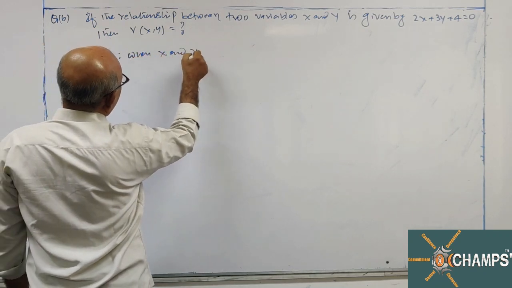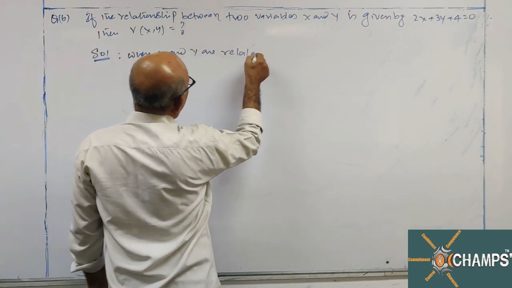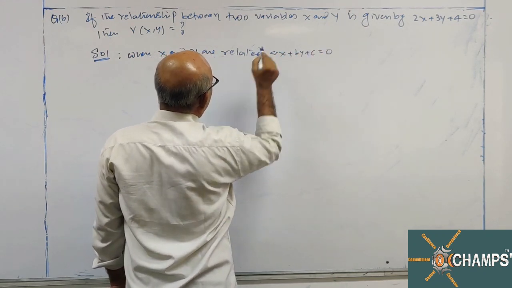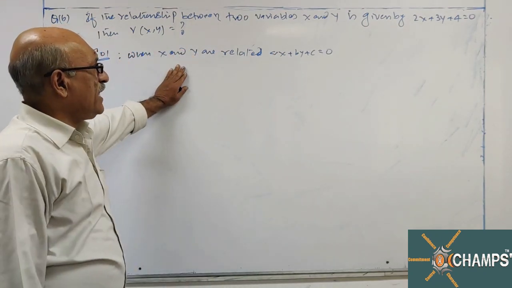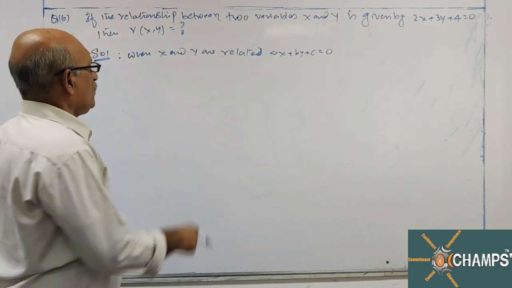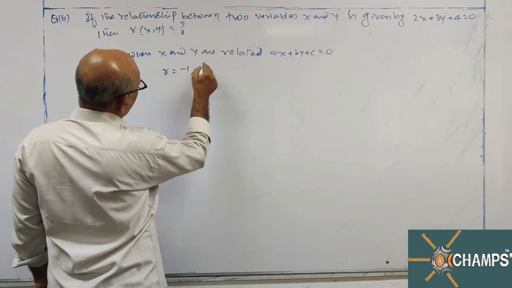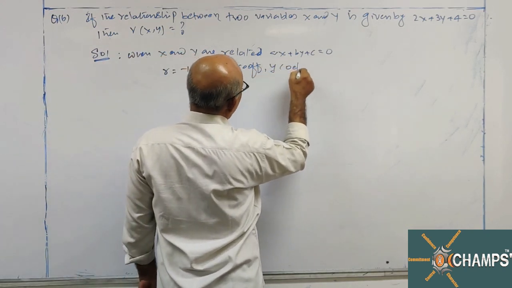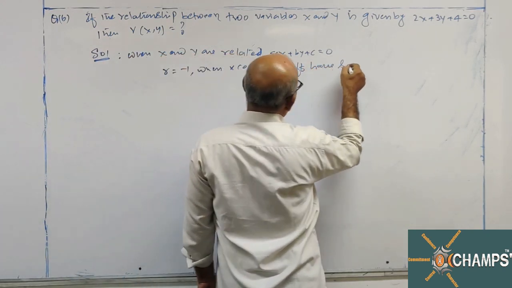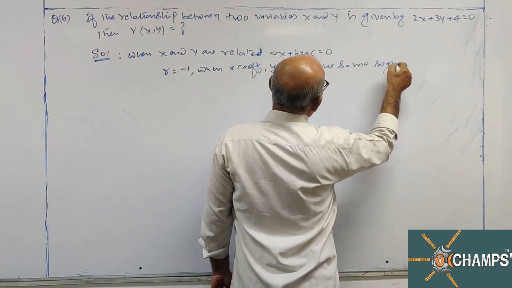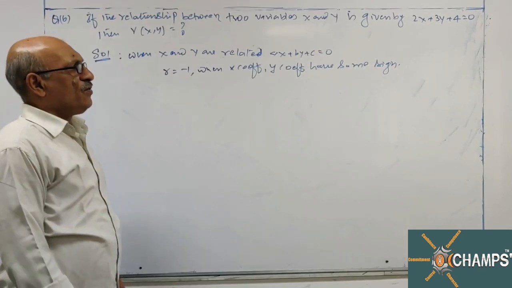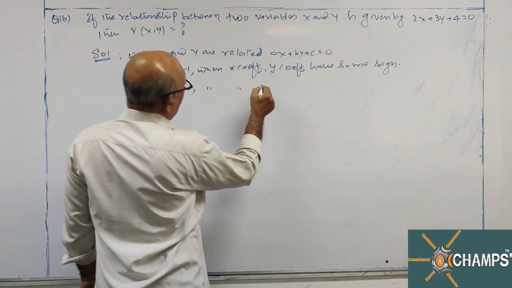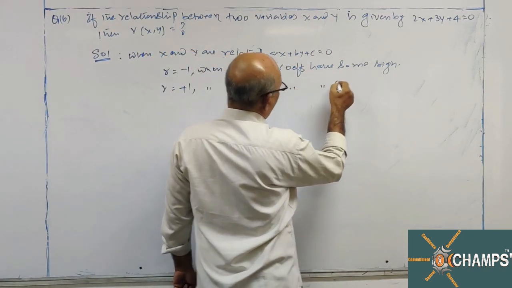When x and y are related by ax plus by plus c equal to 0, r is equal to minus 1 when x coefficient, y coefficient have same sign. R is equal to plus 1 when x coefficient, y coefficient have opposite sign.